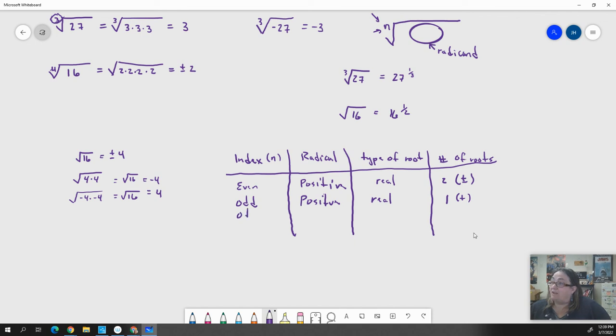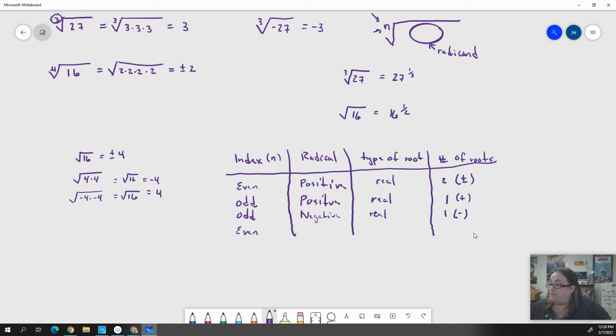Again, if my index is odd, right? So we're saying like the cube root, like a 3 would be odd. And the radical itself was negative, I would have a real solution, and I would have 1, and it would be negative.